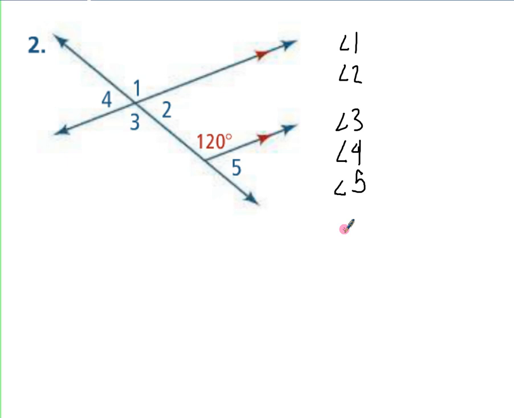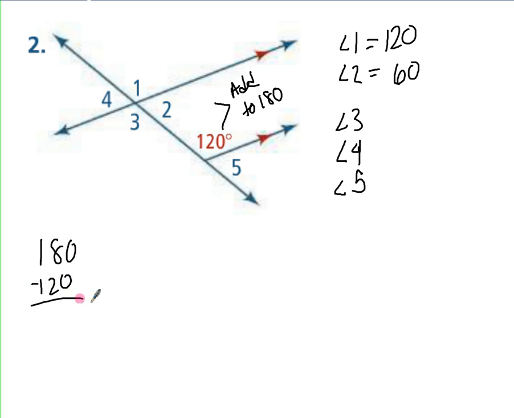Because 1 and the 120 are in the same corresponding spot, so they're corresponding angles. Do you know what angle 2 is? 60, because these two have to add up to 180. So if I do 180 minus 120, I get 60.